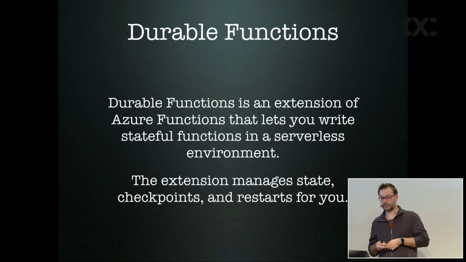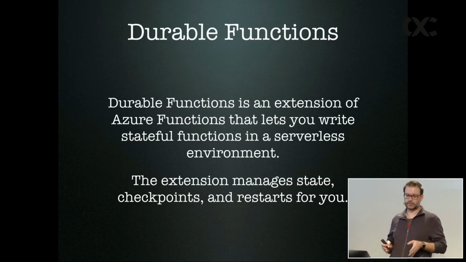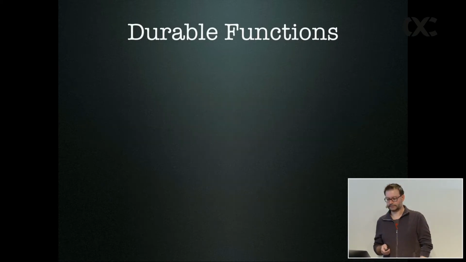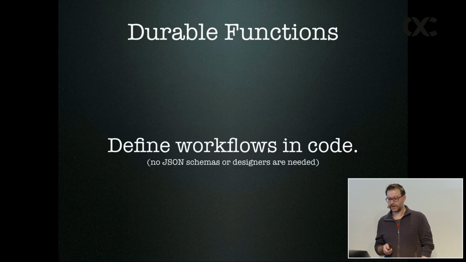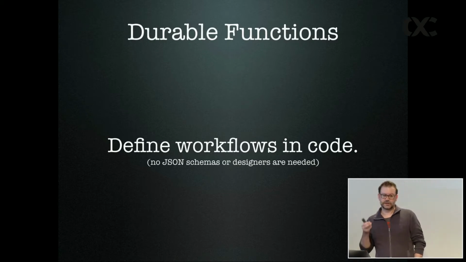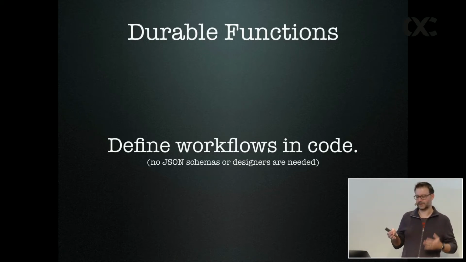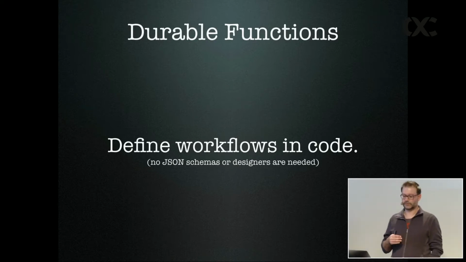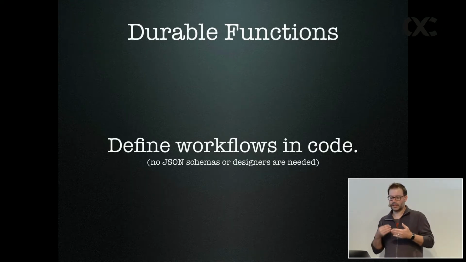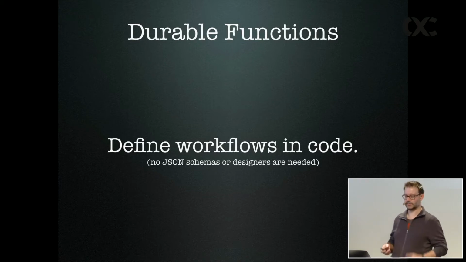Mainly you need some drivers around that to drive some kind of business process, and therefore you can create some state here. You can define workflow in code. That's the important message. You don't need JSON designers or anything else. You just code, as you always code. You code your flow, and it's totally transparent at that point. You code your workflow, and your workflow automatically gets a state from the extension from the runtime below.